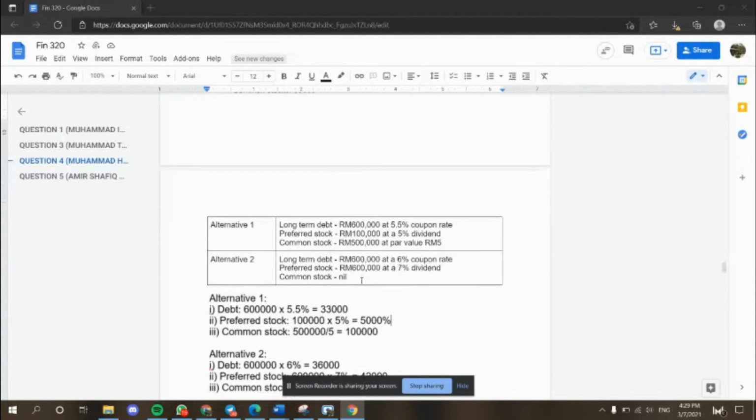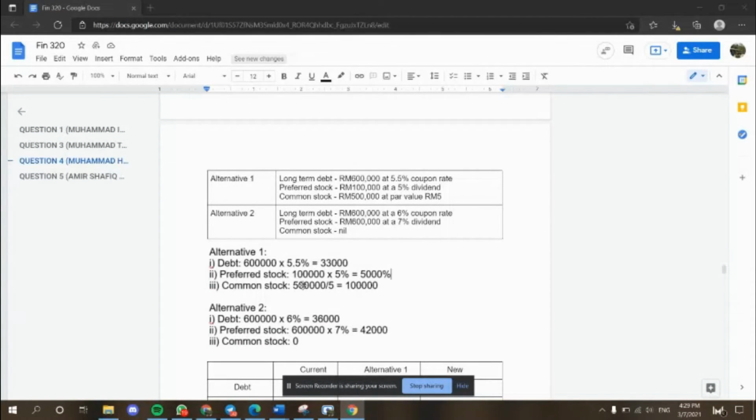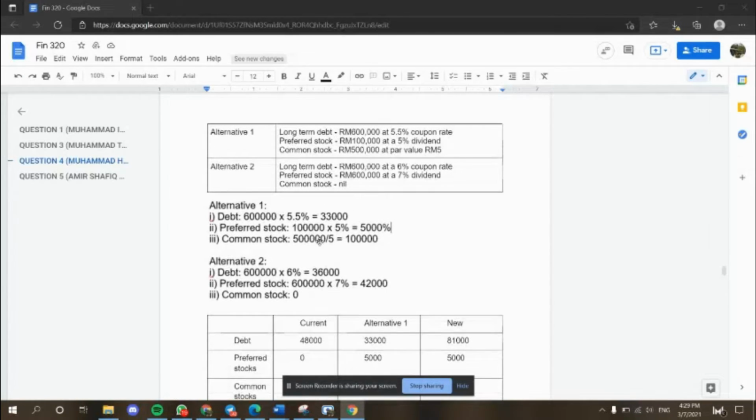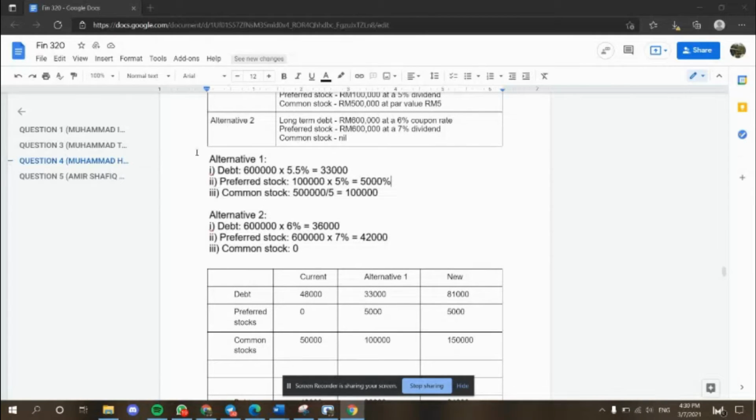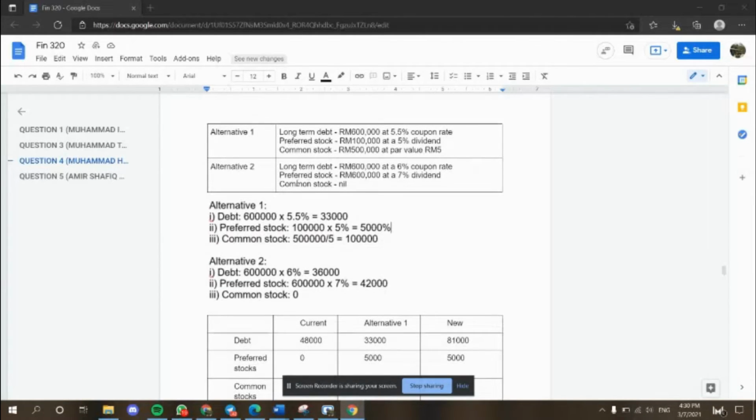Okay, and then step 2 is we need to calculate before and after raising for both alternatives and combine the data before and after raising. So how I get alternative 1 and alternative 2: from the information given, long-term debt, preferred stock, common stock for alternative 1.